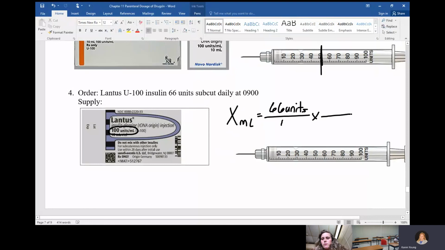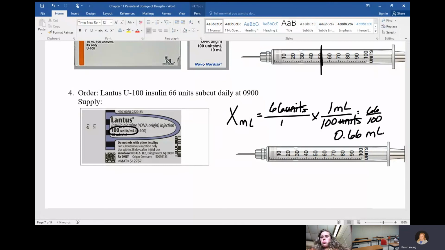So I would do 1 milliliter over 100 units. Units cancel. So I have 66 over 100, which would give me 0.66 milliliters. Of course, this is units, but I can still do that, right? Milliliters, so I give it the 1 milliliter syringe.